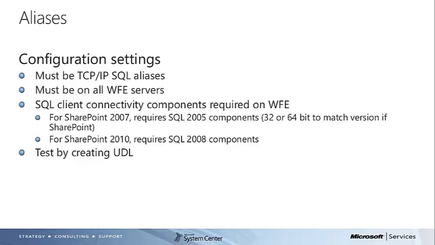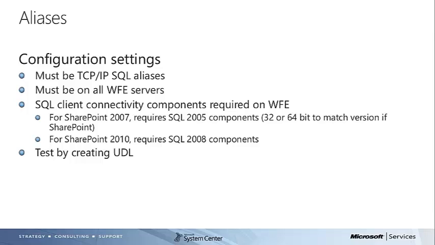The reason behind that is the client connectivity components will actually intercept the calls and do the translation for us so that the writer understands who it actually needs to communicate with in order to back up the databases. So if SharePoint is looking for SQL Server 1, but in reality the databases are on SQL Cluster 1, that alias will intercept any call for SQL Server 1 and put in SQL Cluster 1 instead.